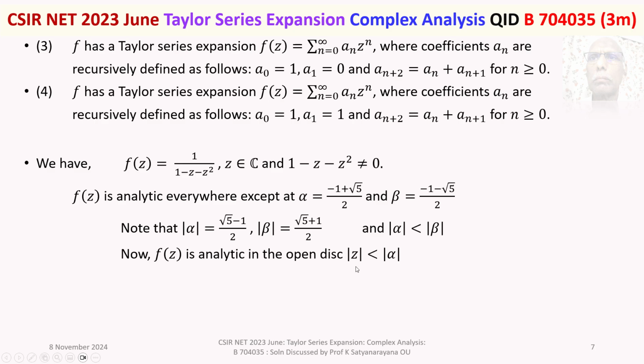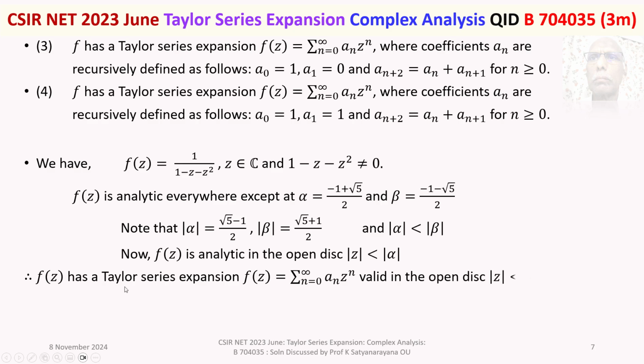It is a circular disk with center 0 and radius mod alpha. Because it is analytic in the open disk, it admits the Taylor series expansion about z is equal to 0. Therefore, f of z has a Taylor series expansion. Let us say f of z is equal to sigma n is equal to 0 to infinity a n z power n, valid in this open disk mod z less than mod alpha.